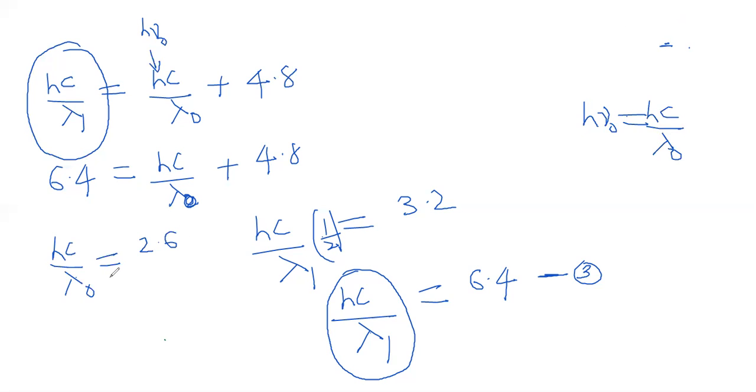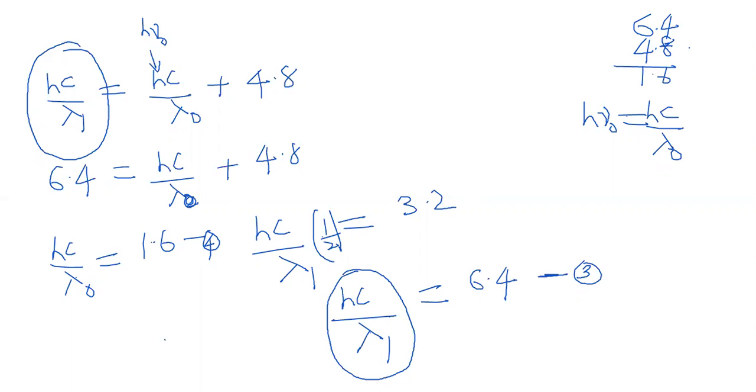Check it once. It's 1.6, my bad, I made a mistake. 6.4 minus 4.8 is 1.6. This is my equation number 4, and this is my equation number 3. What we want is the threshold wavelength of the surface, how many times lambda 1.